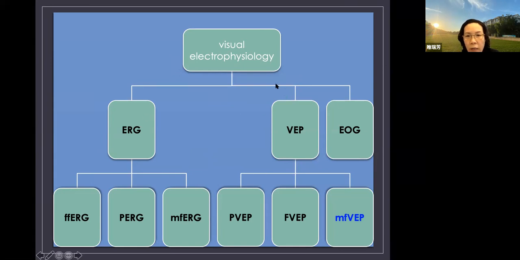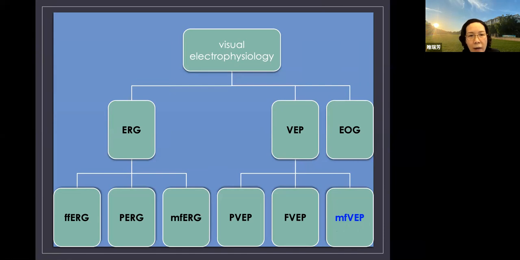All these electrophysiology examinations have international standards to follow, the ISCEV standard, except the multifocal VEP. Multifocal VEP, nowadays, we only use for research purposes, not for clinical evaluation.